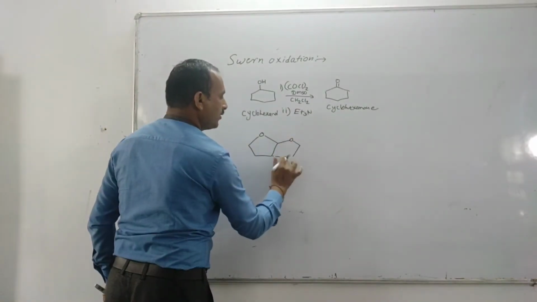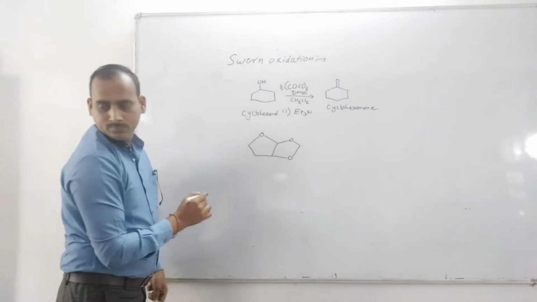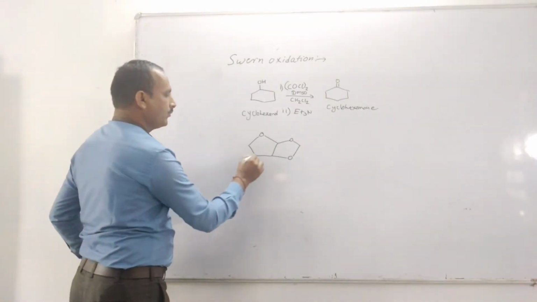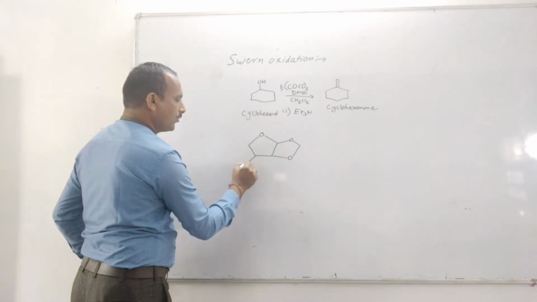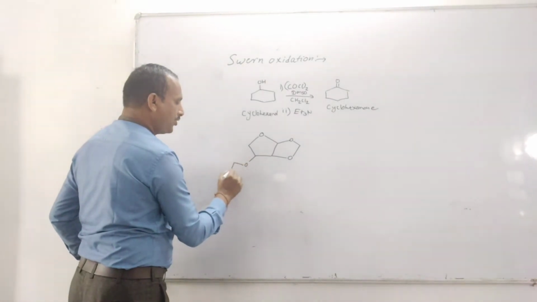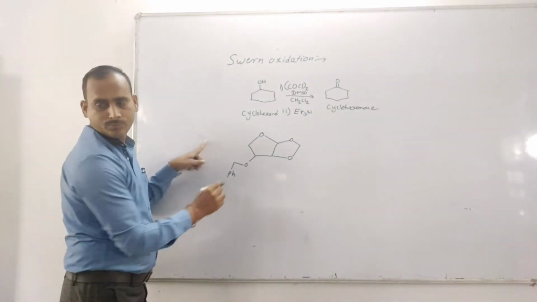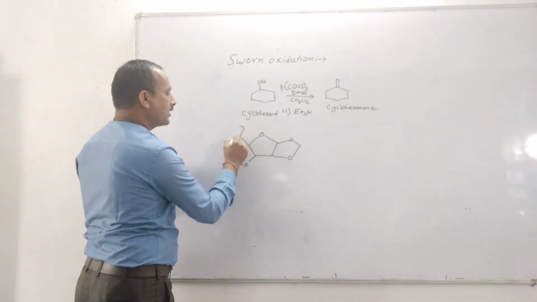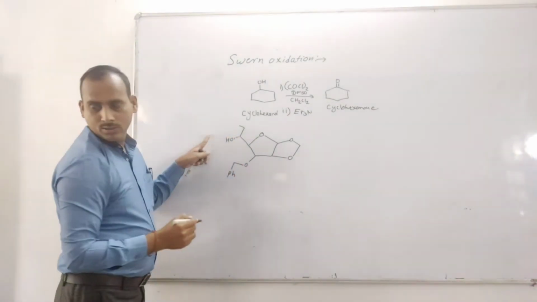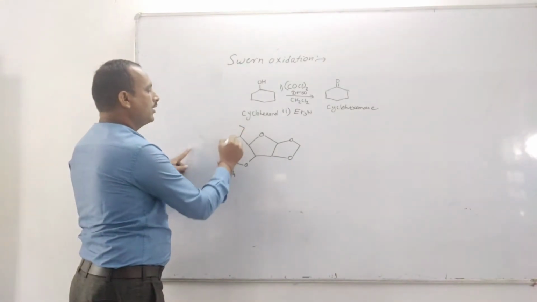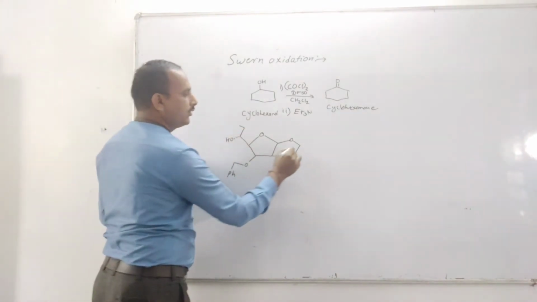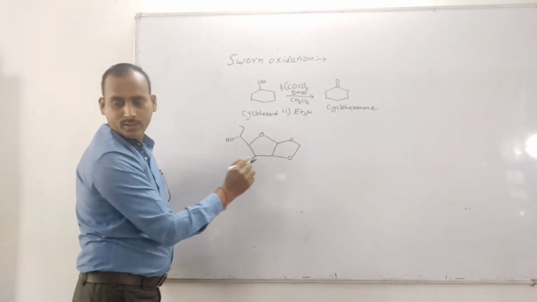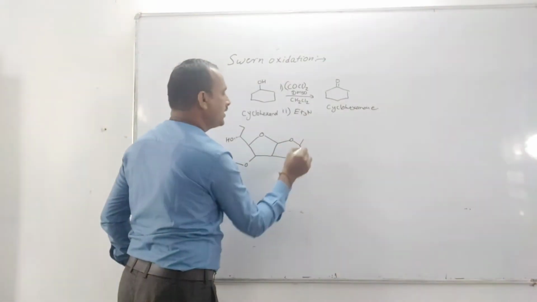Okay, let's take a more complicated example. There is oxygen, O CH2Ph, and here is OH. Now it is a secondary alcohol, and there is CH3 CH3.